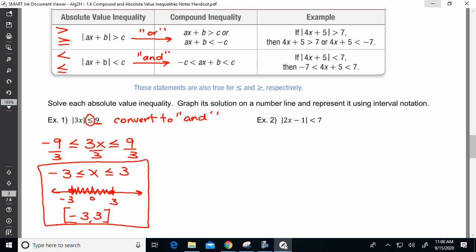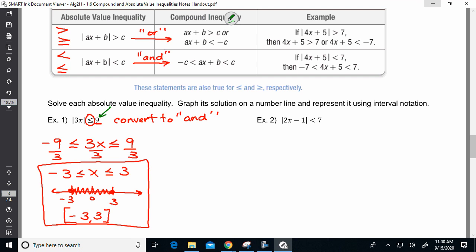Any questions? Example 1. What you said that 9 was negative 9, like you saw. So before you convert it, if this 9 was negative, then we kill the problem. It can't be negative.